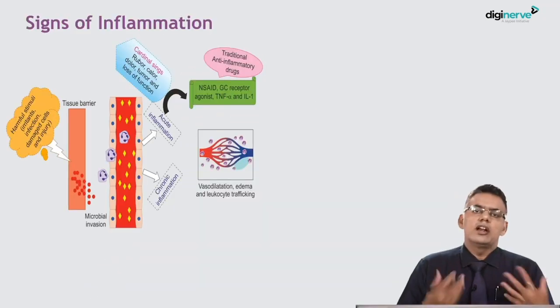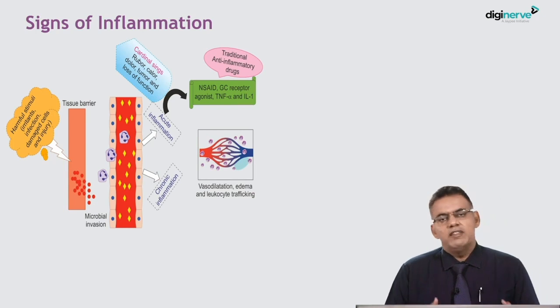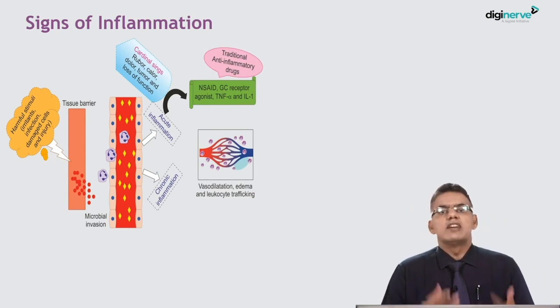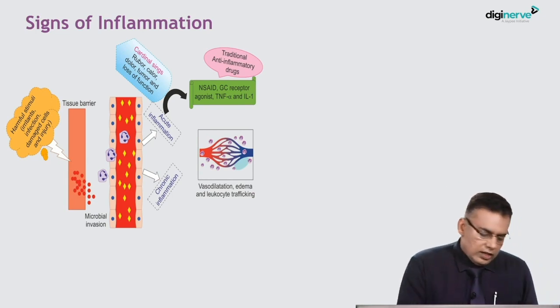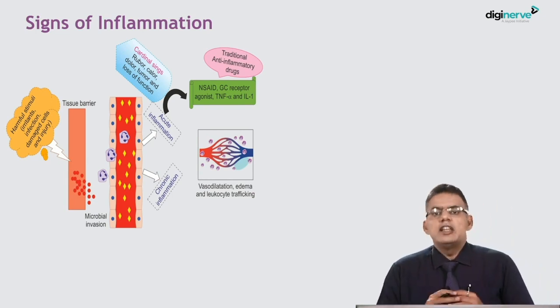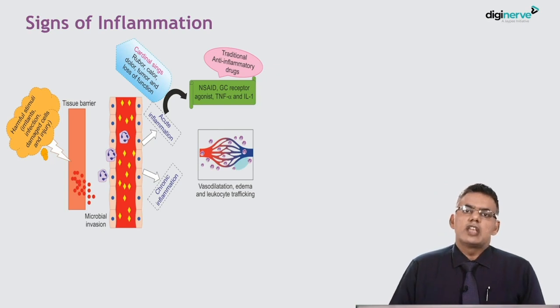Now try to understand a bit deeper so that we can understand the drug targets that would be effective in controlling or reversing this inflammation. Remember, we are provided with one of the largest barriers, our skin, which takes care of most of these irritants.